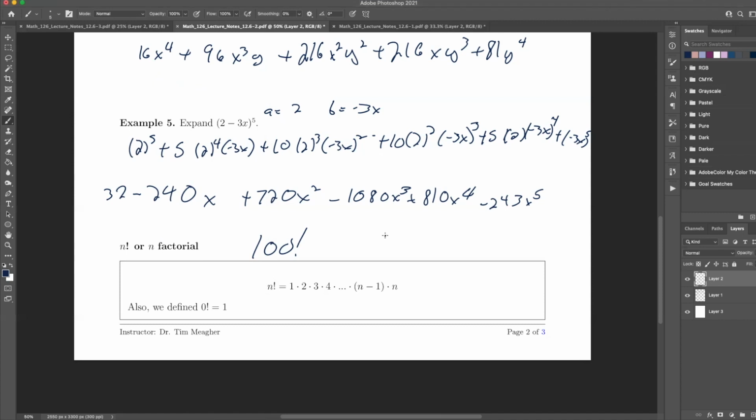So let's do 5 factorial real quick. So 5 factorial is equal to 1 times 2 times 3 times 4 times 5. And usually I just try to make my life easy. This is 20, this is 6, so 6 times 20 gives me 120, right? So that's what 5 factorial is. This ends up a lot in probability theory, which I'll show in a second.